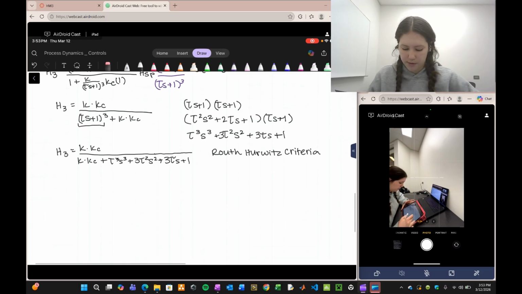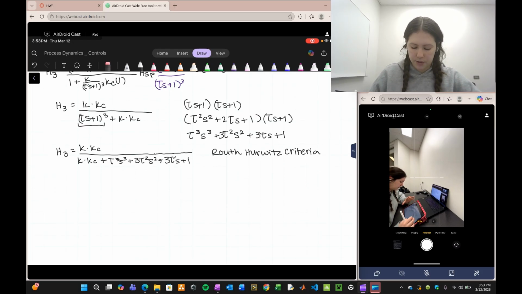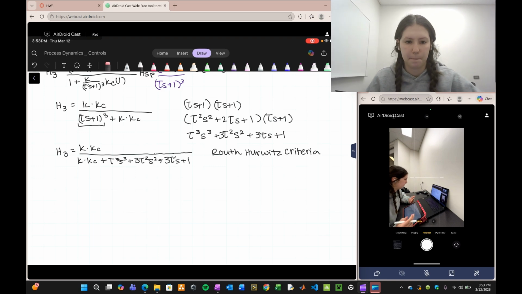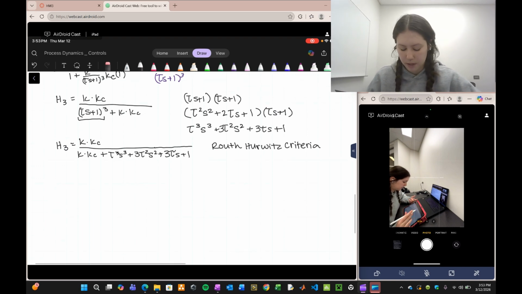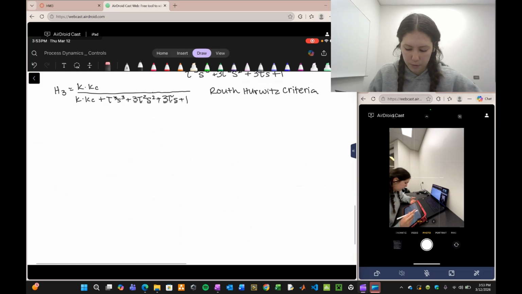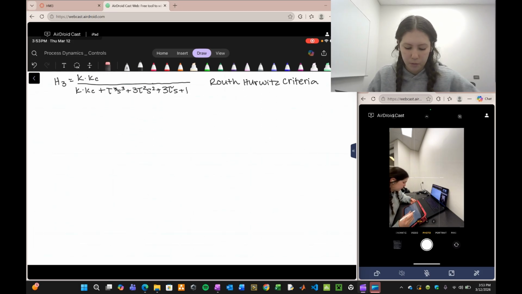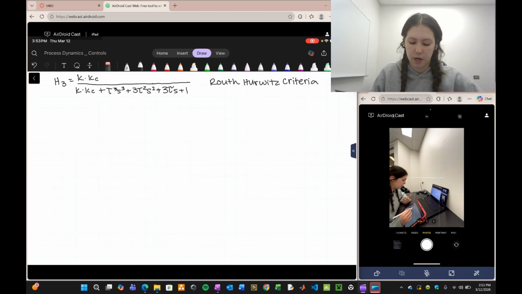So the Routh-Hurwitz criteria will allow us to look at the coefficients of our terms here, and it will allow us to see if there will be any positive poles in our denominator here that would make this unstable. So how we're going to do this is we will organize the coefficients of the terms we have in this equation in our denominator.